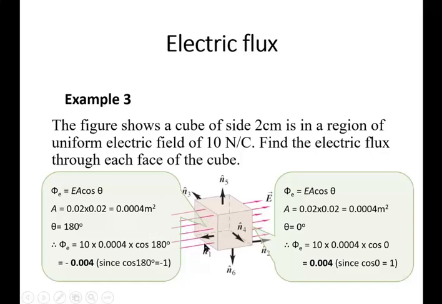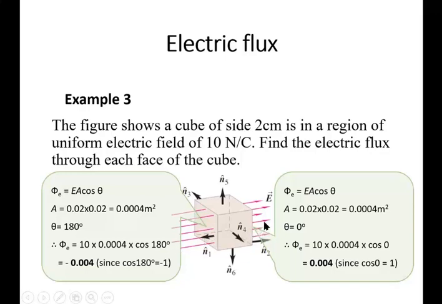The flux through this surface, because this surface is perpendicular to the field, the unit vector is parallel to the field. You can see the unit vector that is perpendicular to the surface. So if the electric field is moving in this direction, then the angle will be 180, because this one is moving in the opposite direction.